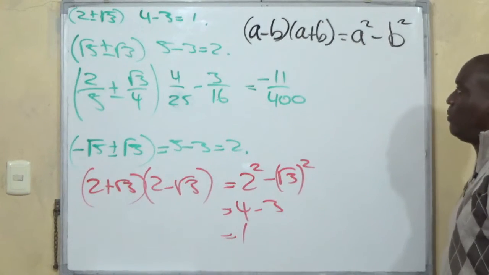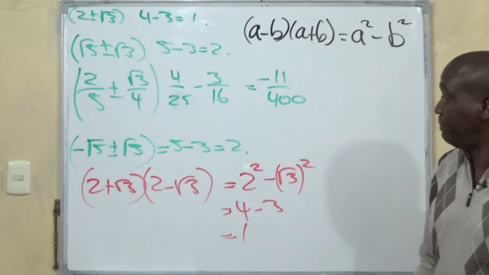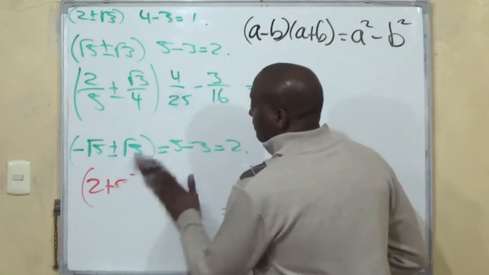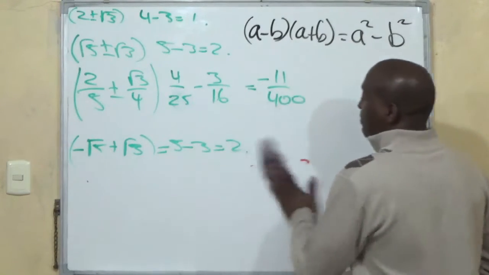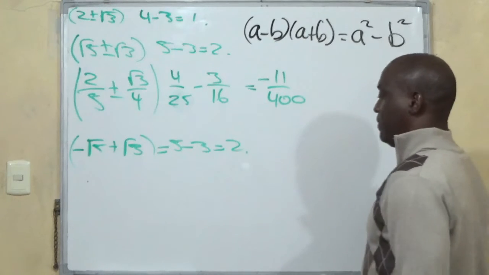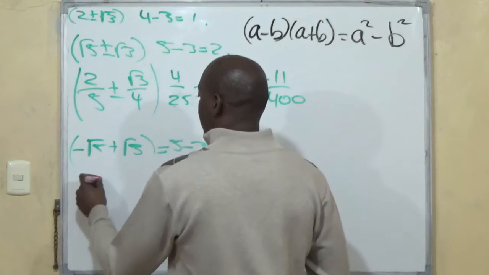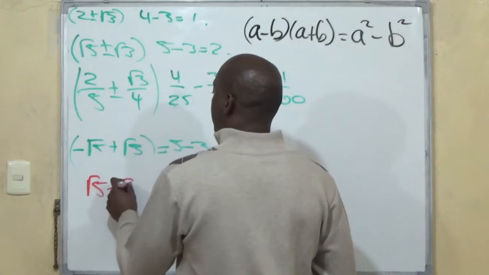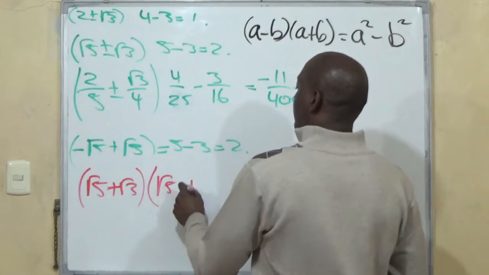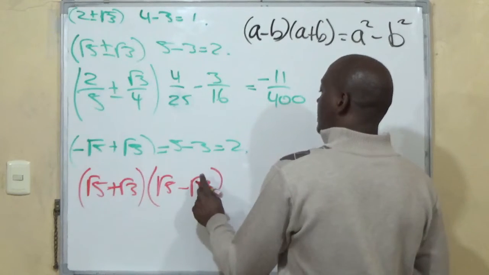So using that now, we're going to run it through for all of them. We're going to demonstrate. Same story. So root 5 plus or minus root 3 is what? Root 5 plus root 3 in brackets root 5 minus root 3. Those are the two conjugates.